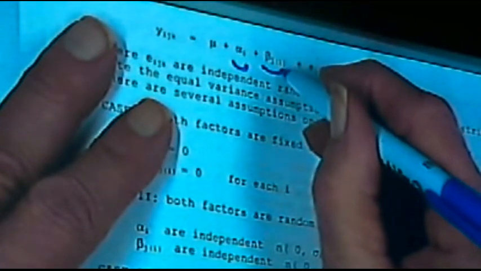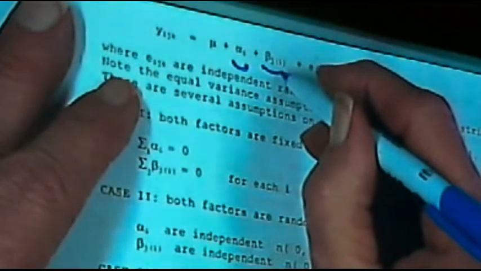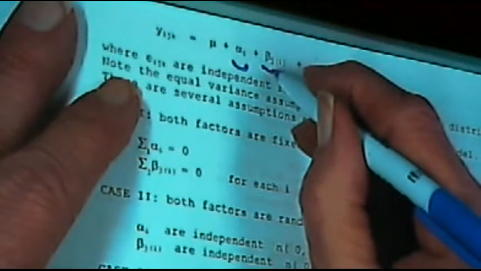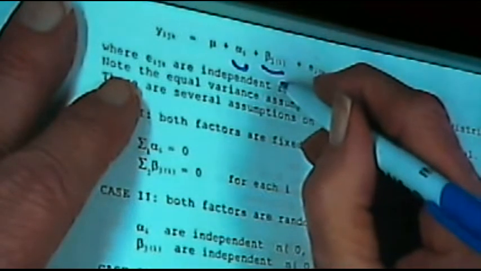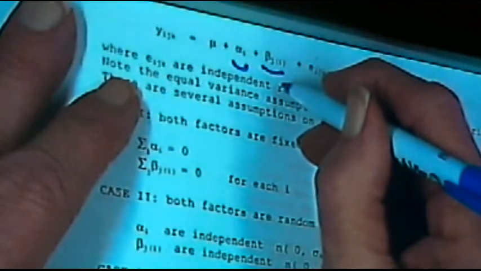So beta j parenthesis i means the effect of factor B being at level j within A equals i.